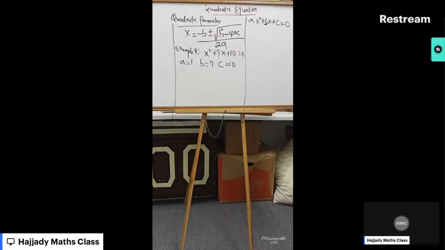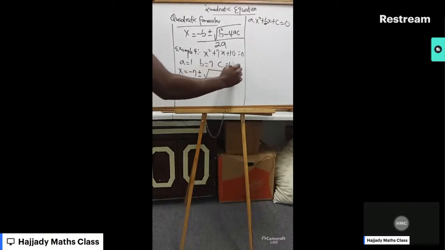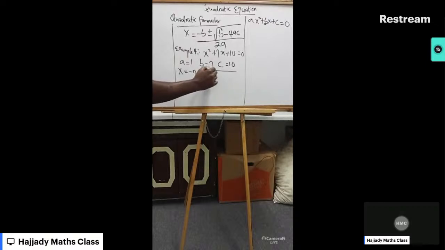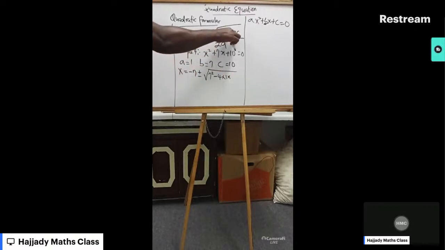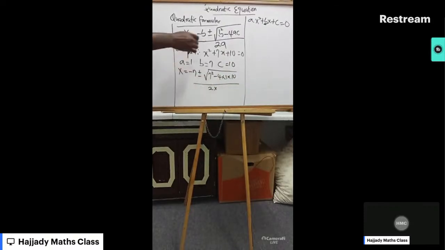So plugging this in, we have that our x equals negative b, which is negative 7, plus or minus root of b squared, which is 7 to the power of 2, minus 4 multiplied by a, which is 1, multiplied by c, which is 10, all over 2a, and a is 1.